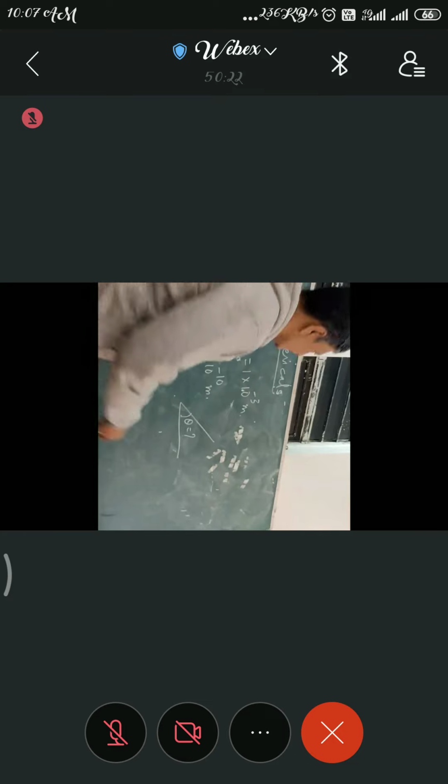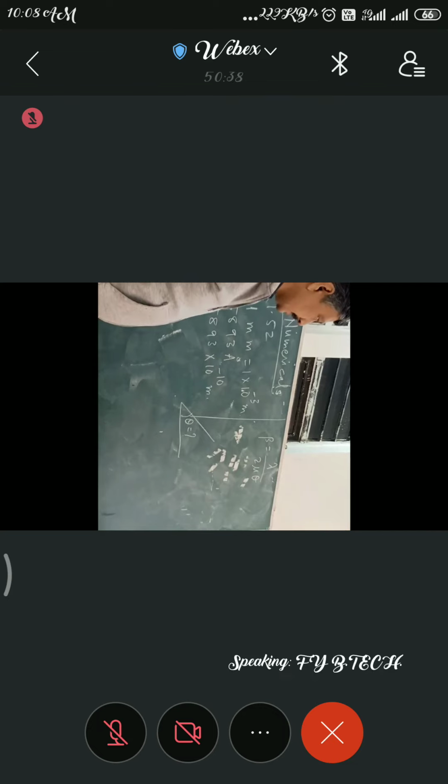What is the formula here? Beta equals lambda upon 2 mu theta, so theta equals lambda upon 2 mu beta. Simply substitute the values and we can get the answer.